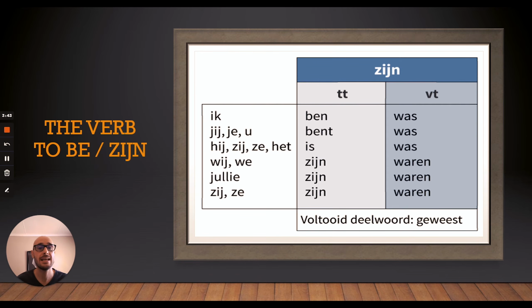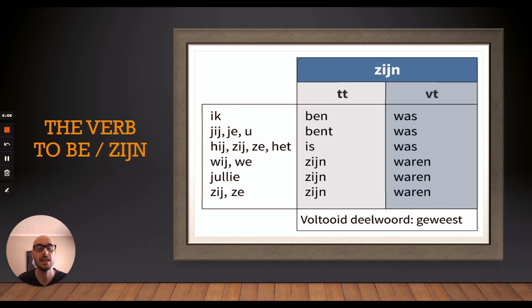Then we have hij, zij, ze, het is. That is he, she, it is. We have wij, we zijn. So we are. Jullie zijn. So you are, but in the plural. And then we have zij or ze zijn.